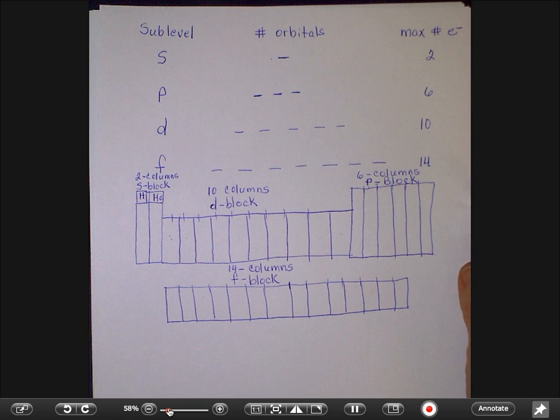Everybody look at the blue number on my periodic table. That blue number increases by 1 every time. Is that right? Just keep that in mind.